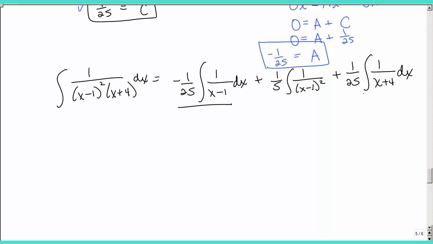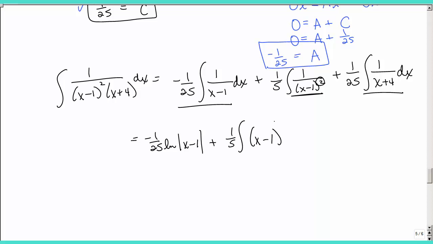All right, so how do we integrate these three? So this one's easy, this one's easy. This is not the natural log because of that squared. So we're going to have negative 1/25 times the natural log of x minus 1 plus 1/5 times the integral of x minus 1 to the negative 2. And then we have another natural log.